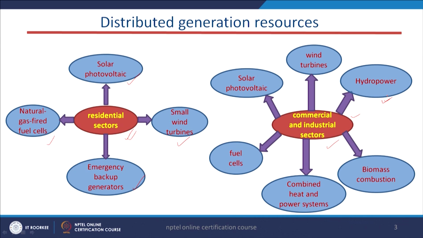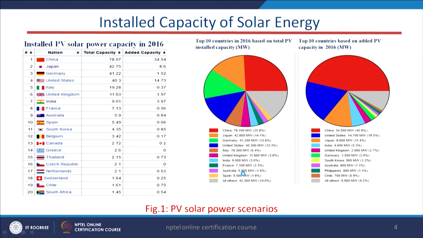We are planning for small hydropower plants, which can be connected to our commercial and industrial customers. And along with this we have biomass and combined heat and power plants, and also fuel cells. So these are the DERs, or distributed energy resources, which are connected to the residential, commercial and industrial sectors.